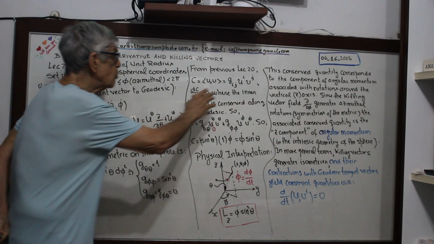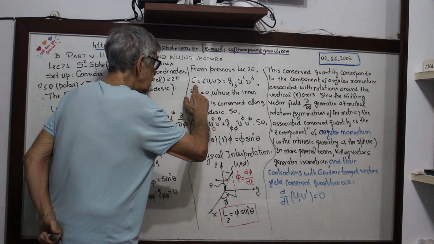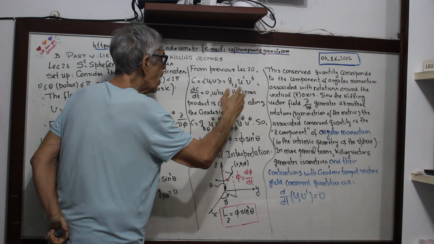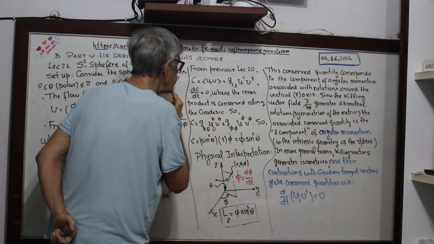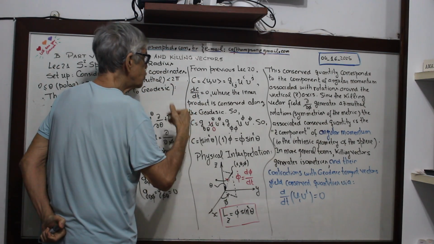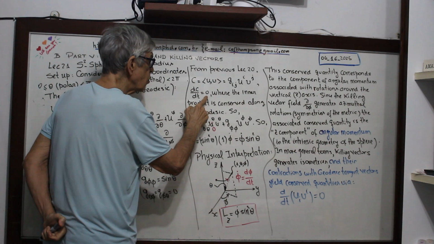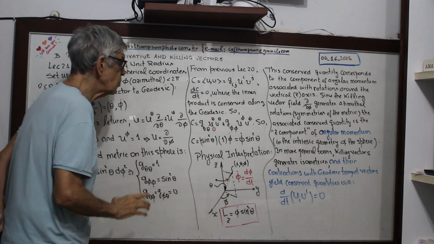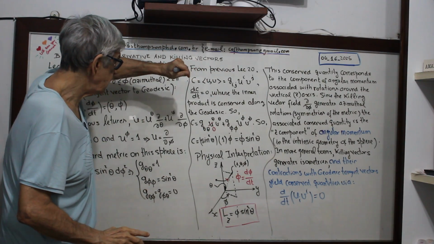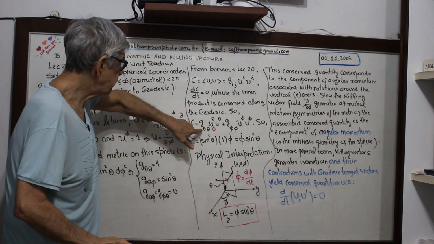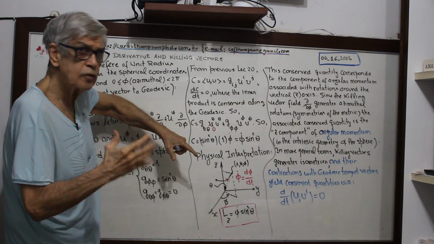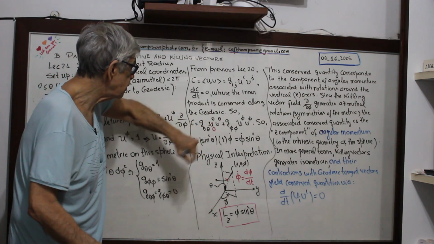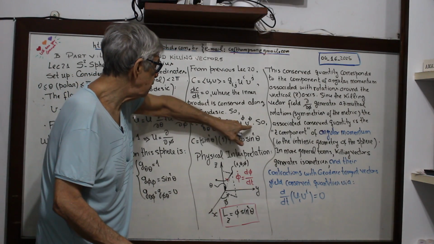So, from the previous lecture 20, the function, in this case the scalar, is the inner product we derived, C equals g_ij u^i v^j. And we also showed that dC/dt is equal to 0, where the inner product is conserved along the geodesic. Now applied to the spherical surface, C equals g theta theta u theta v theta plus g phi phi u phi v phi.